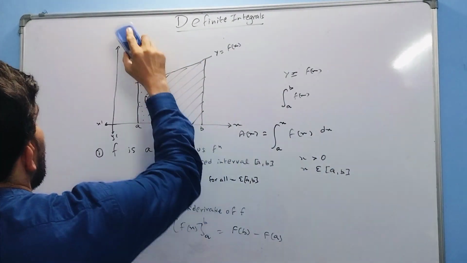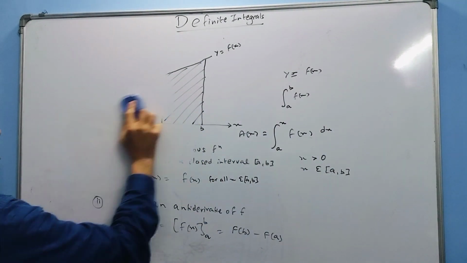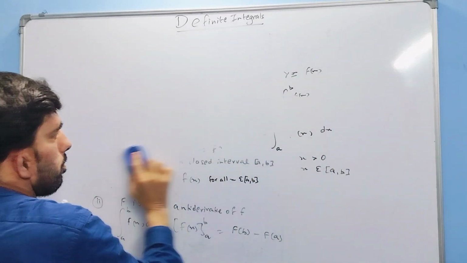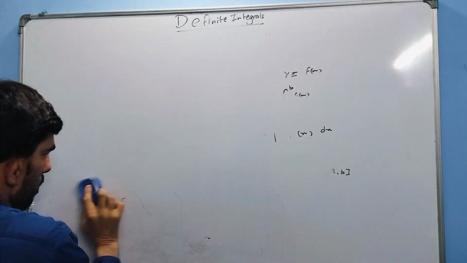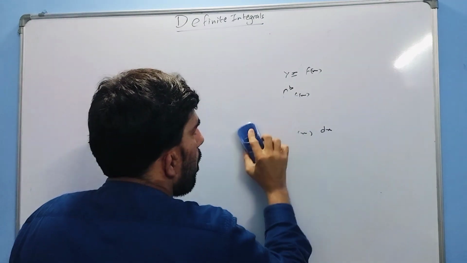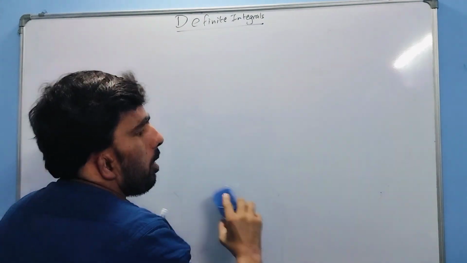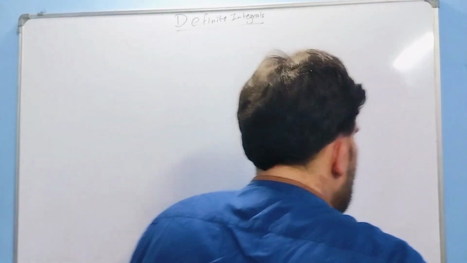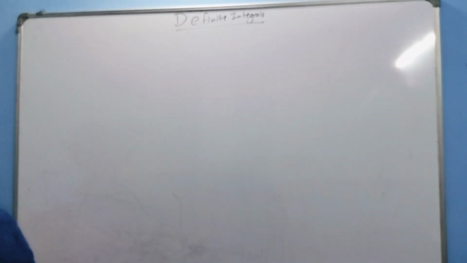Let us see one by one what they have given. I hope it's clear to you. So now we'll move to the next topic. Now we'll try to solve numericals on this concept. So we have a few numericals here. We'll solve them one by one.